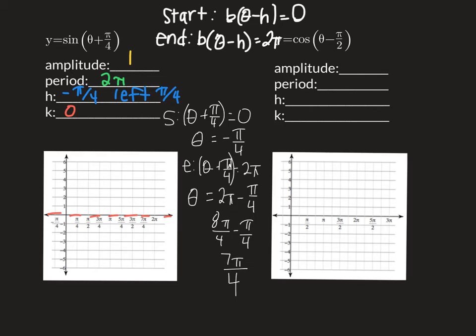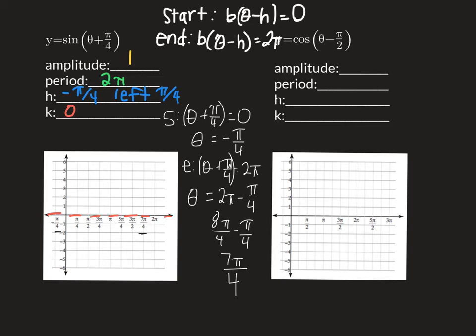Okay, so let's look at what that looks like. If I go and sketch a graph of this, if I go left pi over 4, that's going to be negative pi over 4, and I end at 7 pi over 4, well, I need to find the middle point of those. And if we count our spaces evenly between the two, where am I going to end up at the middle?